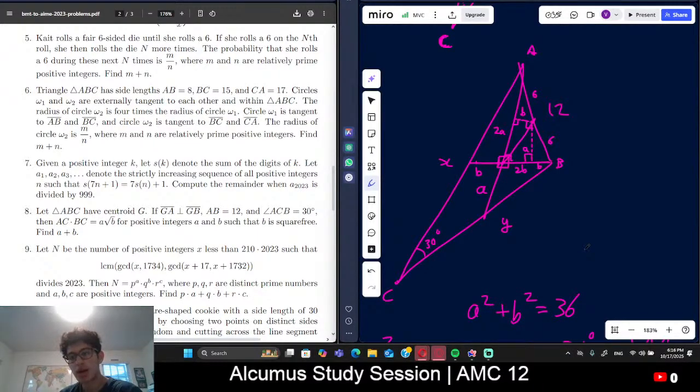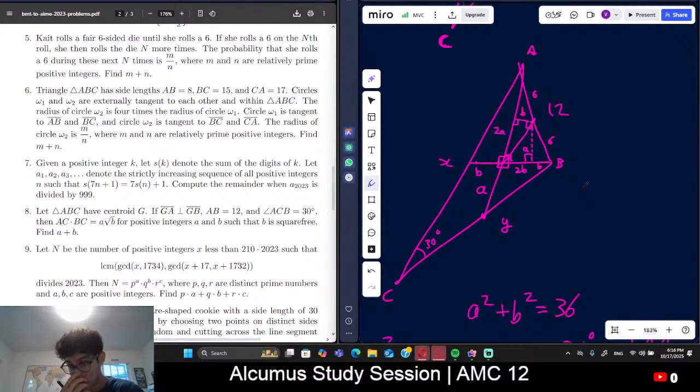We know that all of them have to have the same area, right? And if that's the case, we can probably figure out this height. What is the height going to be? Sorry, it'll be 2a. So 2a times b is the area of 1.